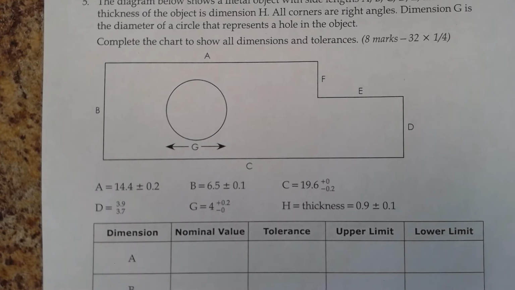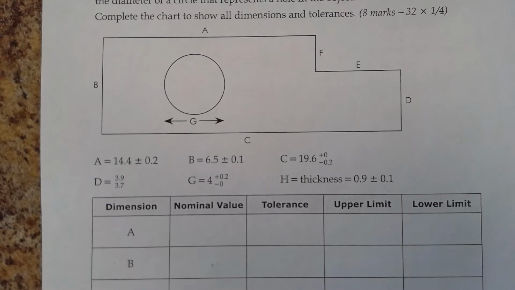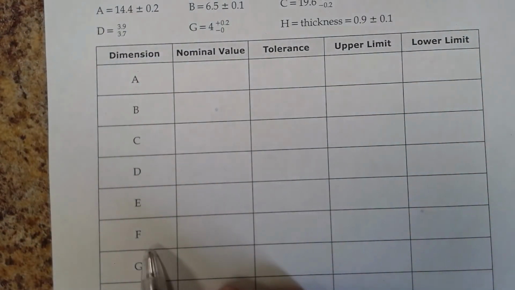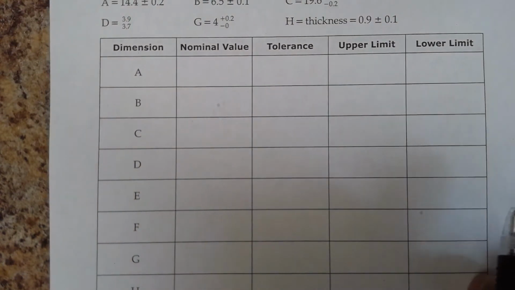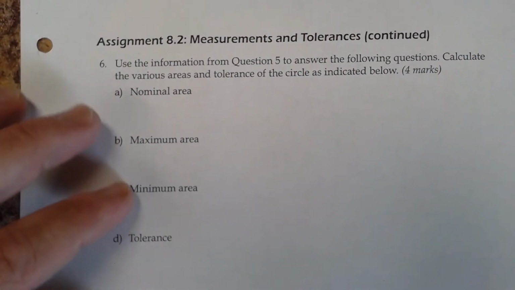And then all of the questions that follow, you literally have to skip F or E because you can't really do them because there's no tolerance provided. But if you go further, like here you fill out the entire table for A all the way through H. So you would skip E and F, fine and dandy, you could do that. But then when you get to the other questions, as I'll show you in a second here, they are asking you to calculate area.